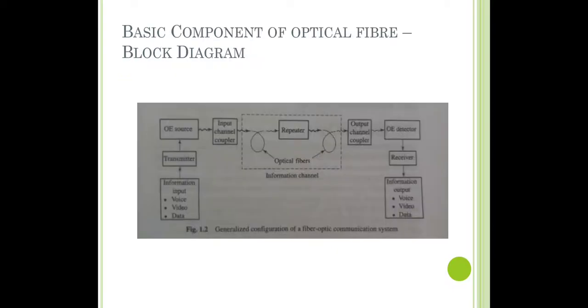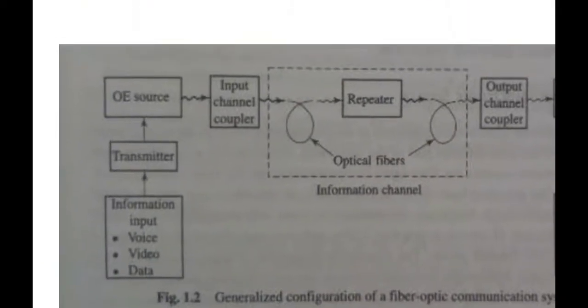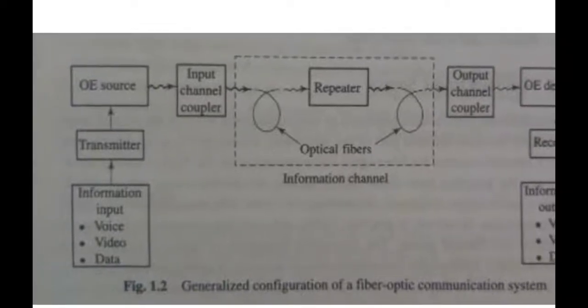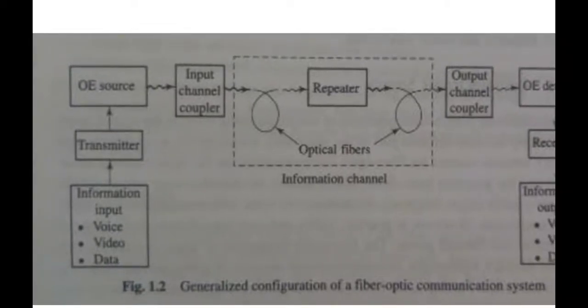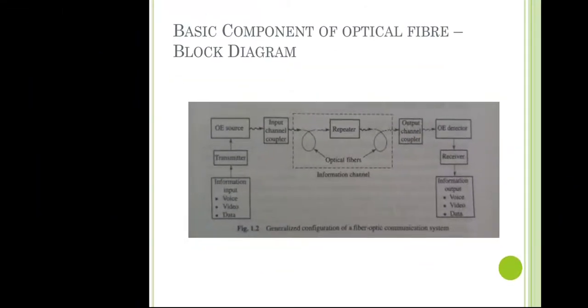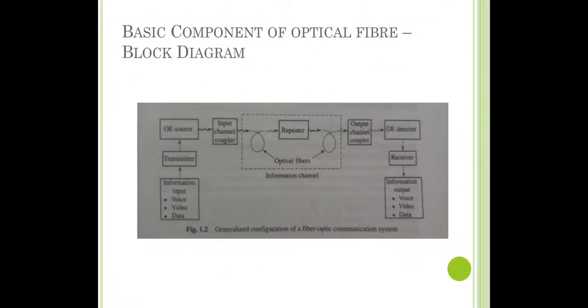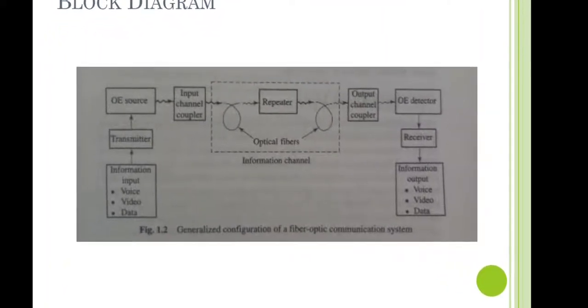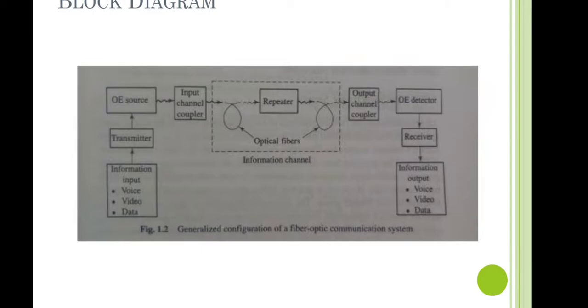Then our next block in this diagram is the transmitter. In many communication systems, we have an antenna at the sender, and also at the receiver we have an antenna. For this we have a transmitter and a receiver on the sender side and receiver side respectively.